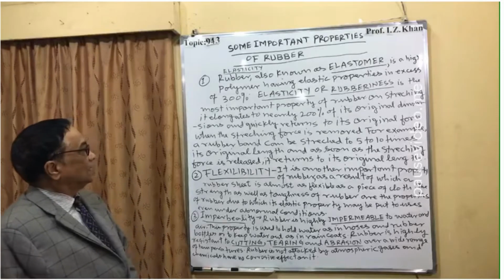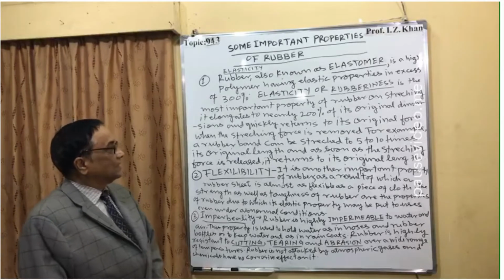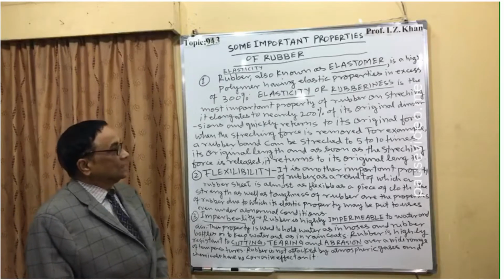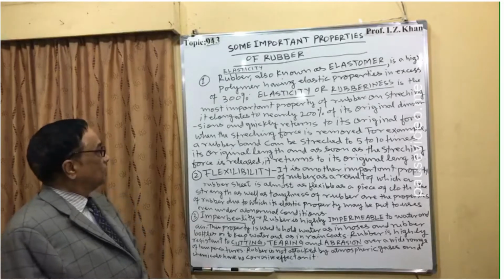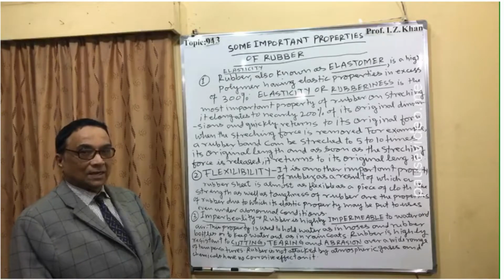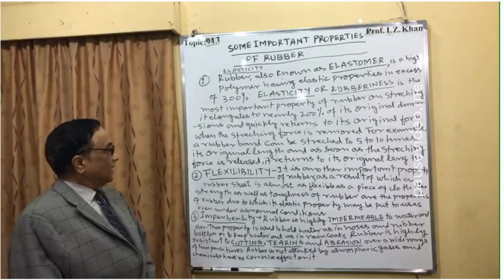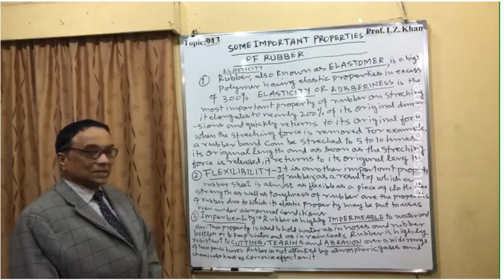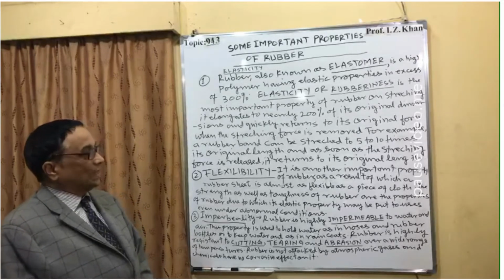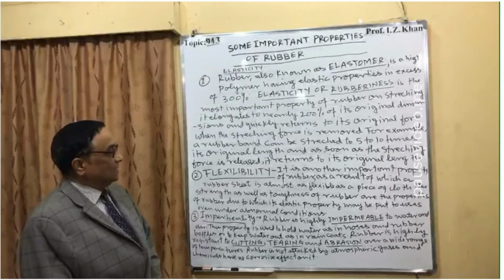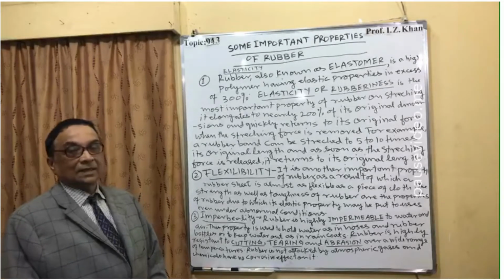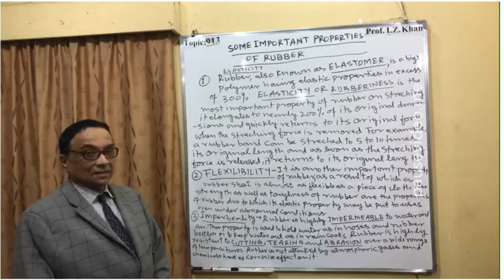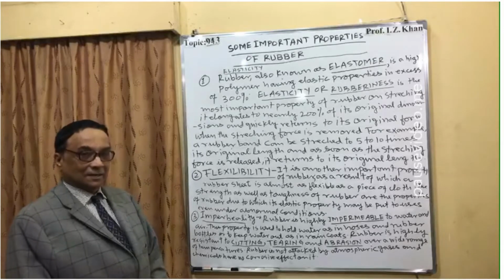On stretching, it elongates to nearly 200% of its original dimension and quickly returns to its original form when the stretching force is removed. For example, a rubber band can be stretched to 5 to 10 times its original length, and as soon as the stretching force is released, it returns to its original length. Number two, flexibility, the second important property.